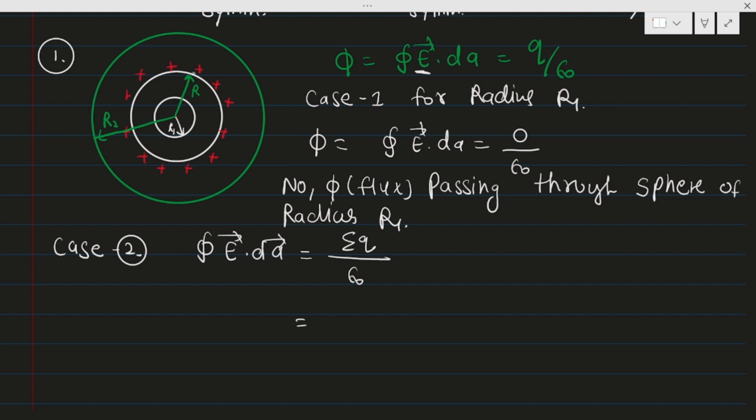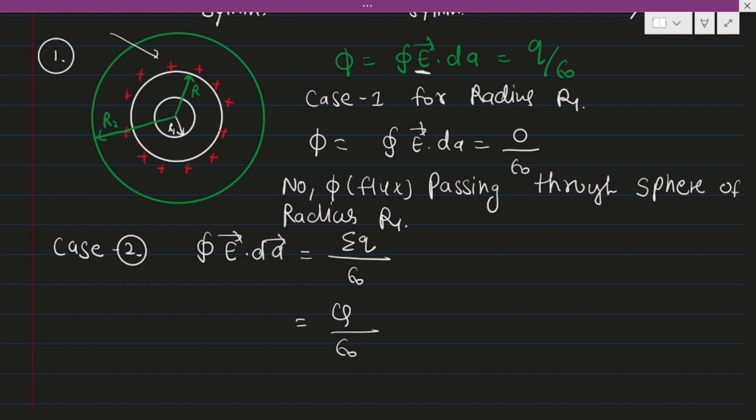This charge Q is uniformly distributed over the surface of the sphere of radius R. For this, E is uniform because it is centric and every distance here is equal.